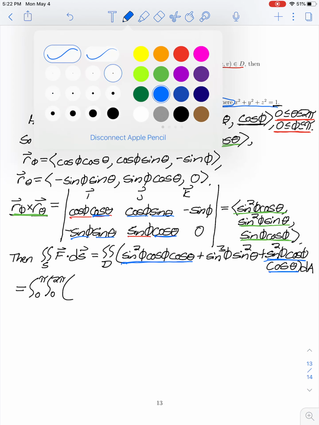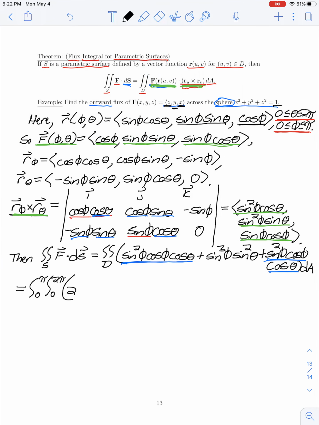So we have together 2 times sine squared phi cosine theta plus our sine cubed phi sine squared theta, integrating in the order d theta d phi here.